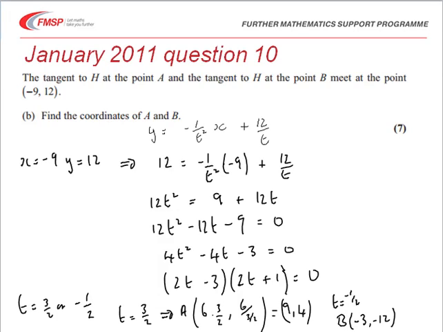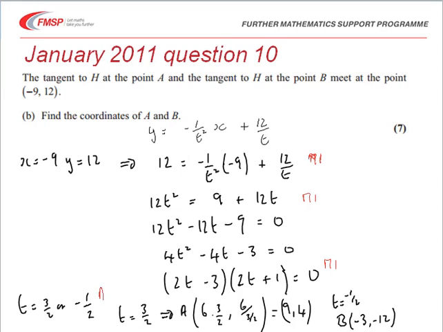The marking for that, 7 marks in total. The first was a method mark, M1, for substituting into the tangent equation, a method mark for multiplying by the t squared, and then a third method mark for factorizing the resulting quadratic.